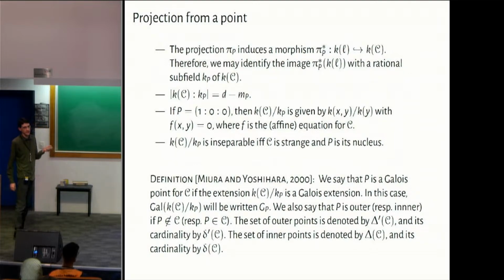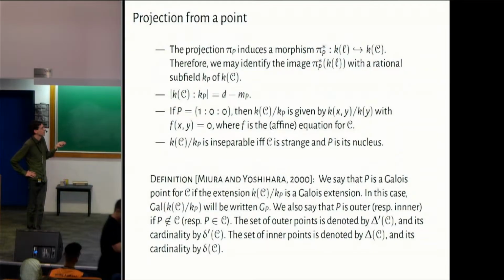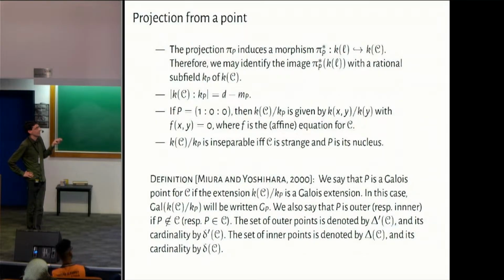We say that the point is a Galois point for the curve if the corresponding extension is a Galois extension. We will denote the set of outer Galois points. By outer points, I mean the points not lying on the curve. By inner points, I mean the points lying on the curve.